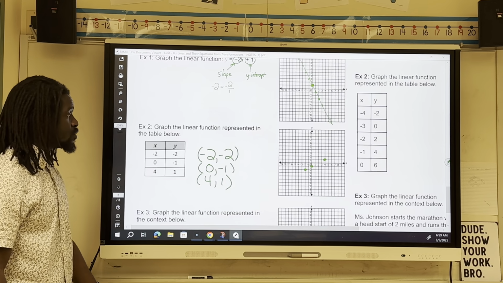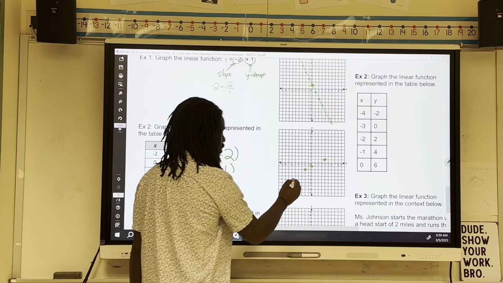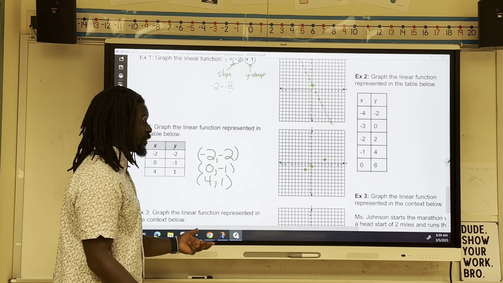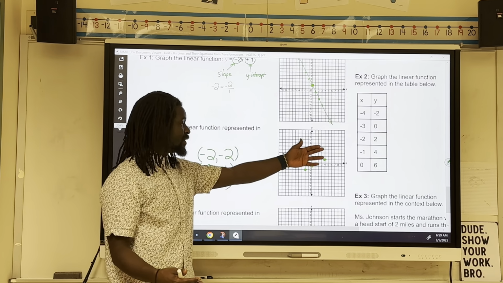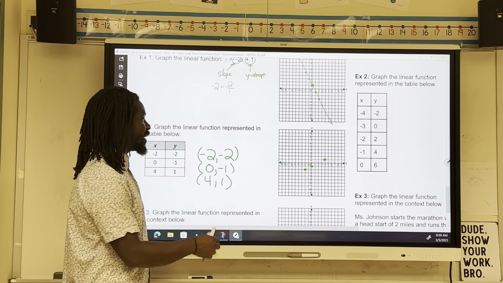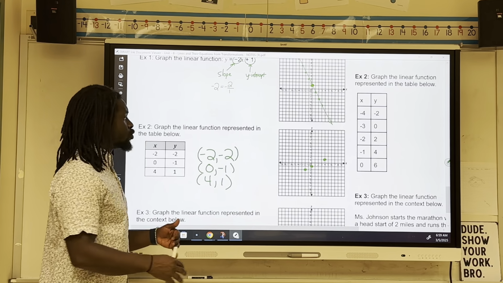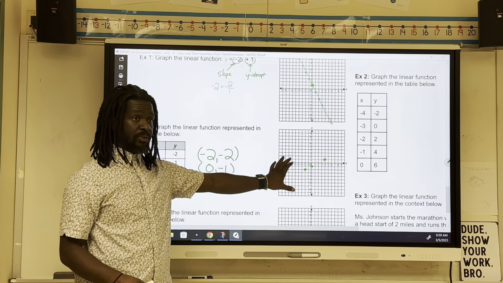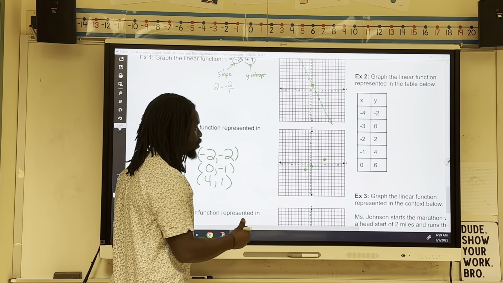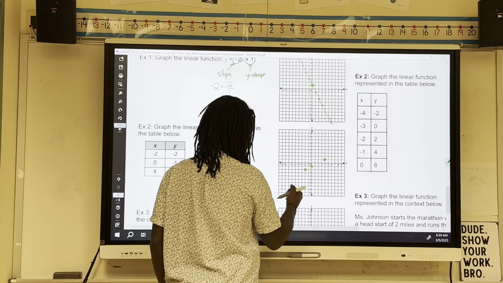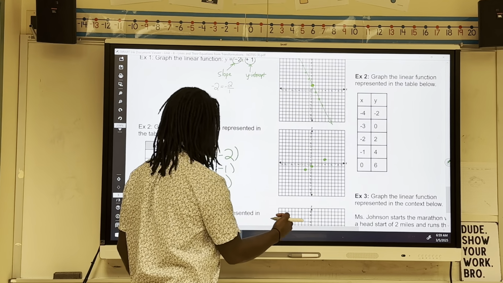What I can do is I can see, all right, from this point to this point, I can figure out what my slope is so that I could identify other points. So I could identify other points and add more points to this before I connect it, or I could just really connect it. But first I'm just gonna draw some additional ones.